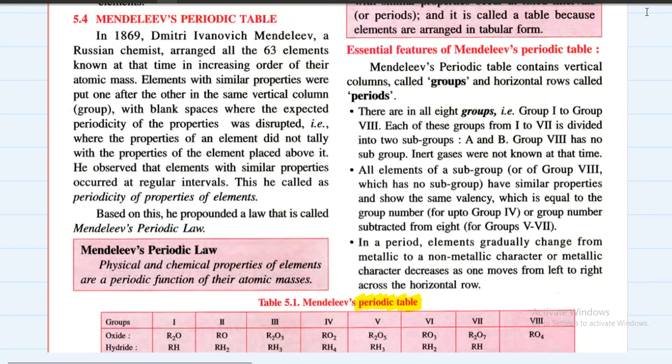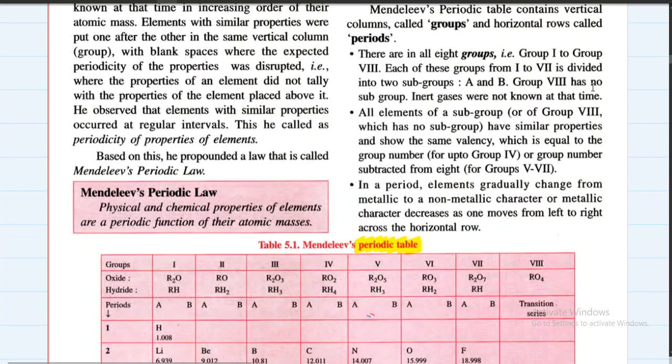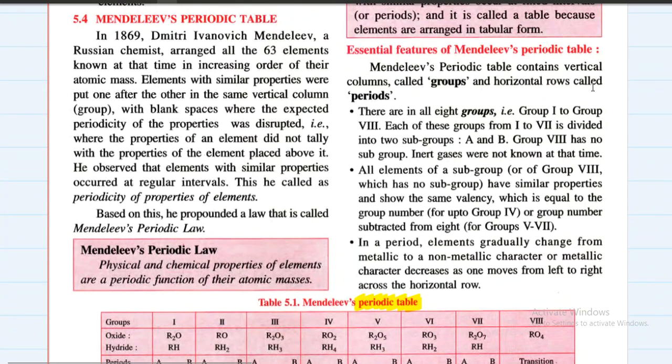So please note it down that vertical columns of the periodic table are called groups and horizontal rows are called periods.